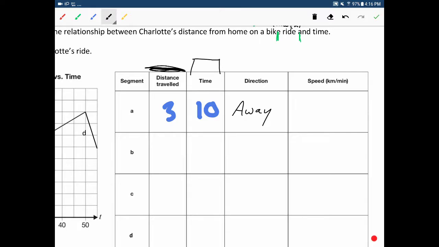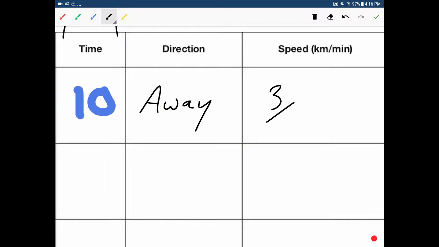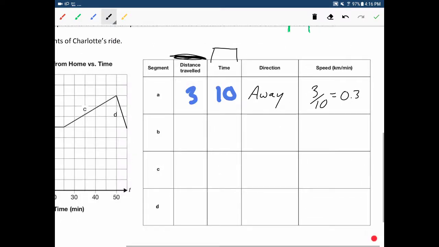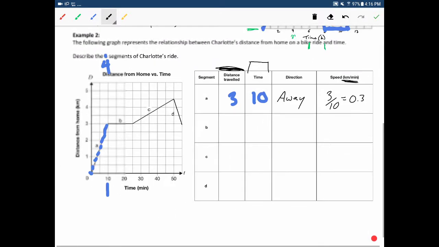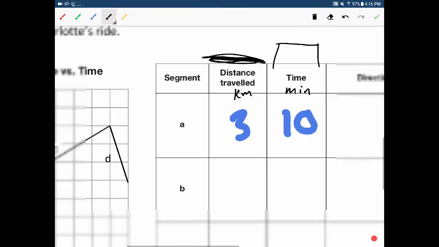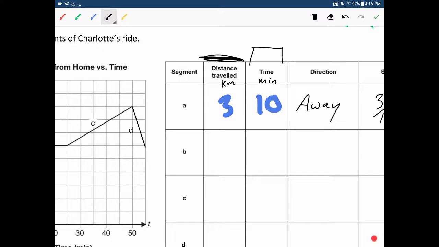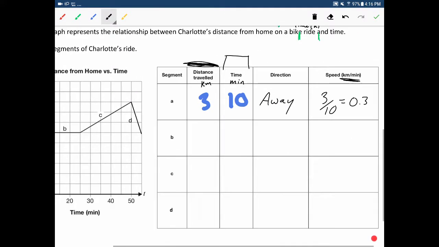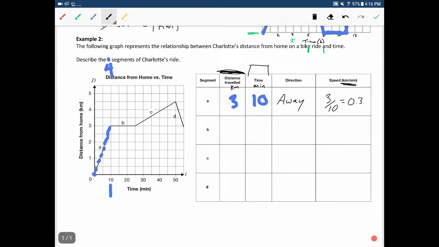So to find kilometers per minute, we just say 3 over 10, which equals 0.3 kilometers per minute. And because we have the units up here, you don't have to include them. In fact, we should add them. This is in kilometers and this is in minutes. Nice easy way when you've got a chart like that. If you put the units in the title, you don't have to write the units anywhere else.